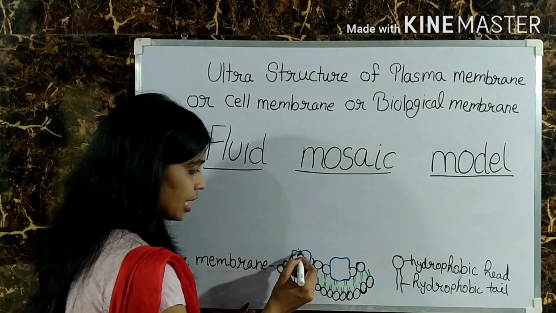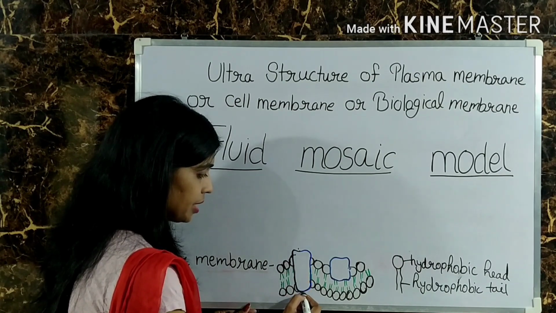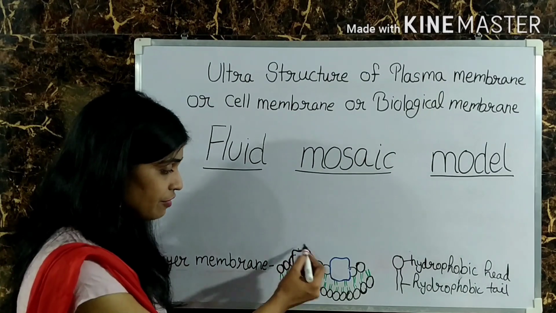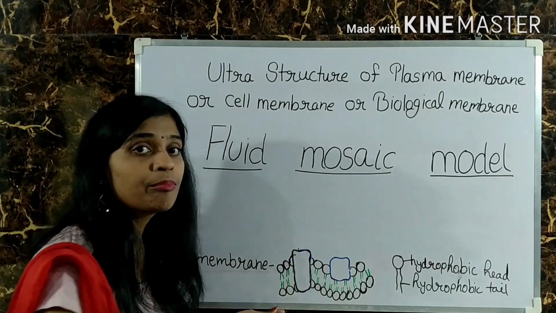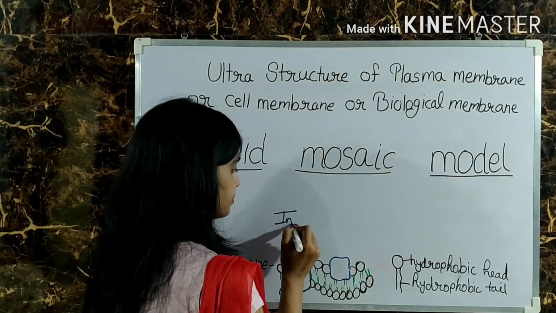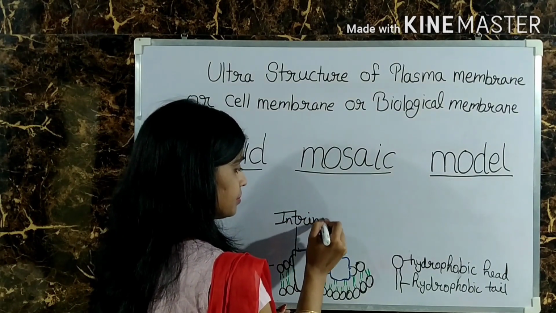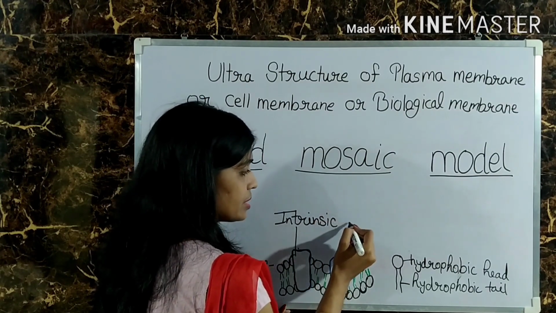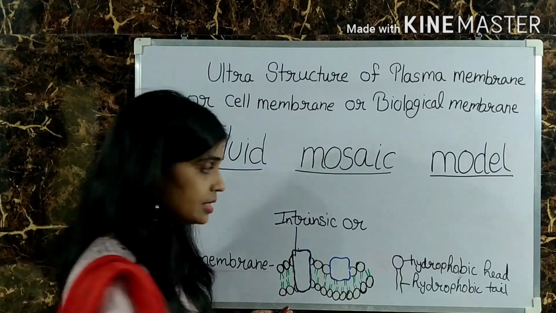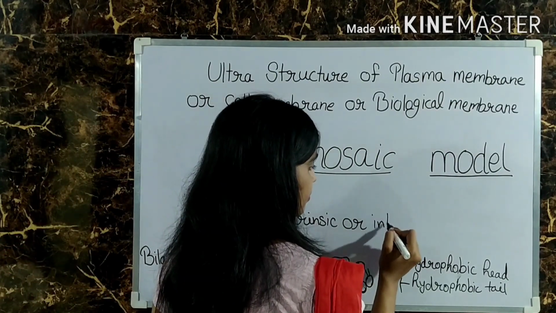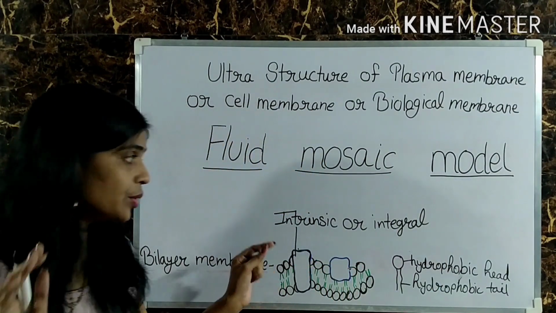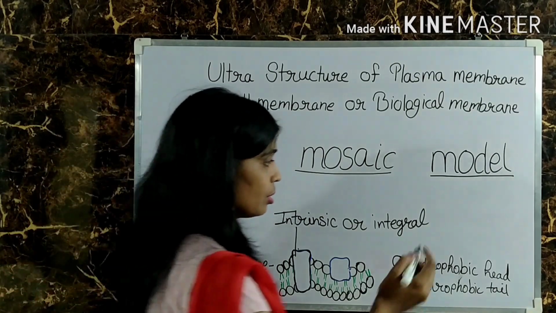Here you are seeing the type of protein that is bound with the bilayer. This type of protein is called intrinsic proteins, or integral proteins.